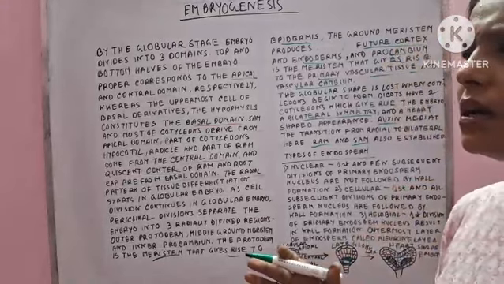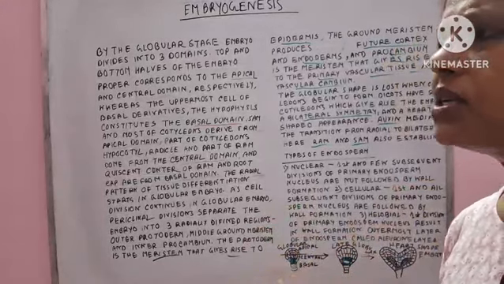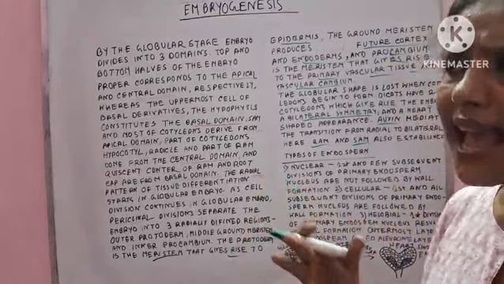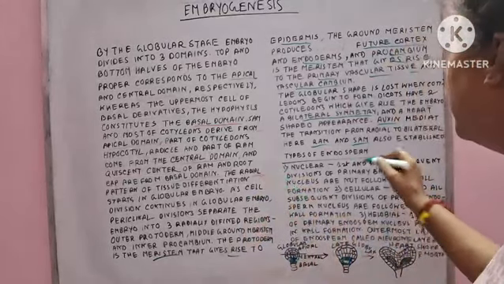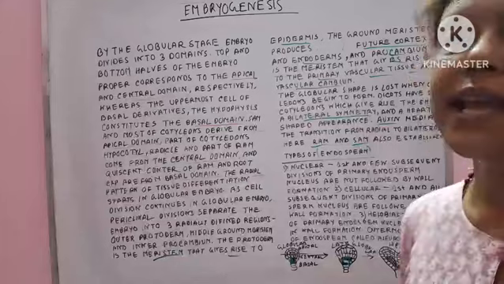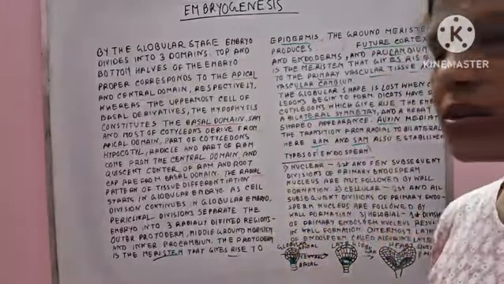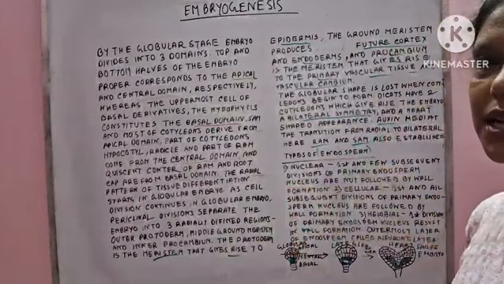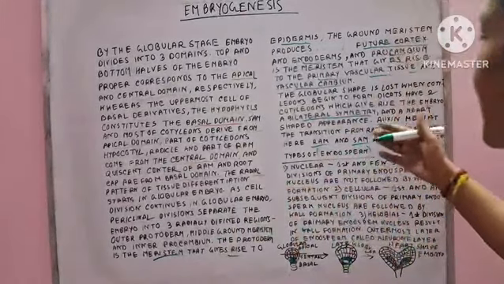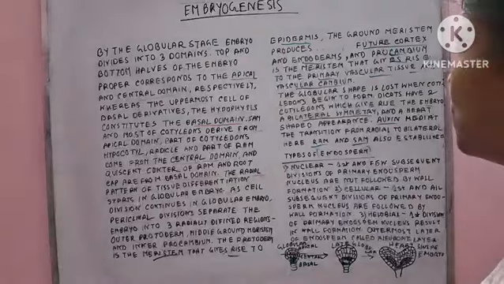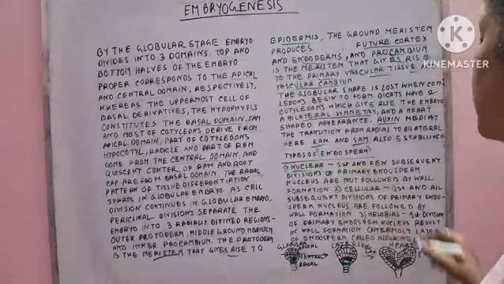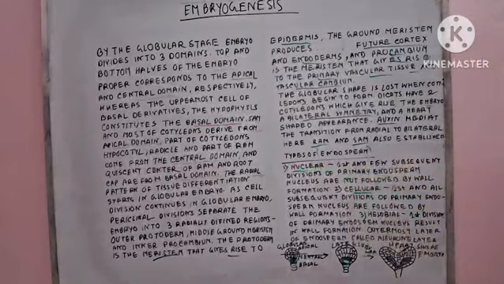Not only dicotyledons and monocotyledons, generally all seeds can gain nutrition from the endosperm before the germination process. Clear? So here three types of endosperm are seen: one is the nuclear endosperm, the second is the cellular endosperm, and the third is the helobial endosperm.